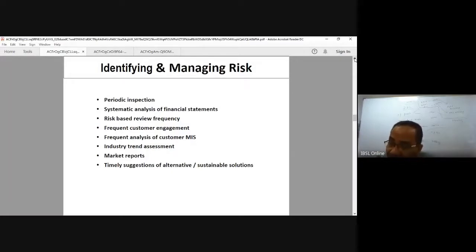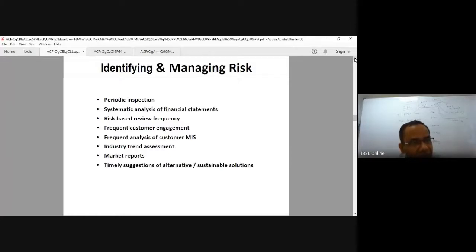What we do in recovery efforts, providing provisioning, impairment provisions, and then taking recovery action, these are reactionary measures. We are reacting to what has happened already. The proactive approach is that before all these things happen, you foresee them. You see what lies in the future, and then you take action. So that can mitigate the risks, that can mitigate the facility from going bad.